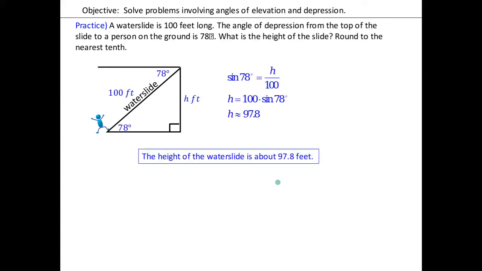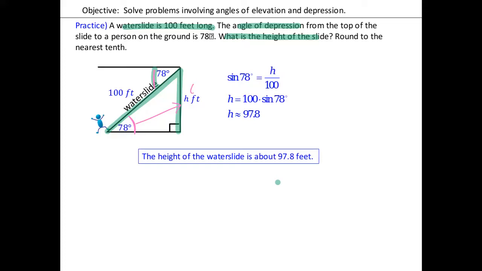Here we had a water slide that is 100 feet long, so that would be this piece, 100 feet. The angle of depression from the top of the slide to a person on the ground is 78 degrees. The question is, what's the height of the slide? So it's asking for this, and then round to the nearest 10. You can see angle of depression equals angle of elevation.